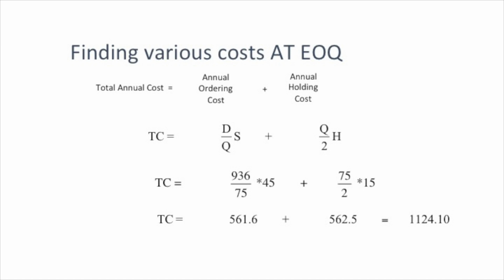And one interesting thing to note is these two costs are almost the same, only at EOQ. So only when your order size is EOQ, which is 75, your ordering cost and holding cost are almost the same. So this is one check you can use while you are doing your work on the exam.